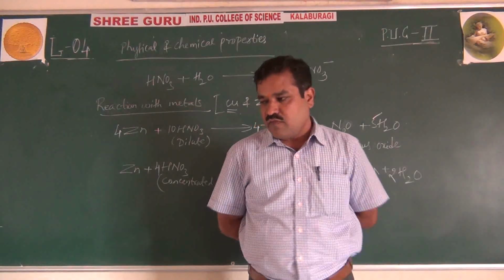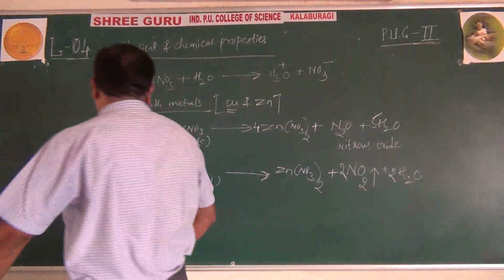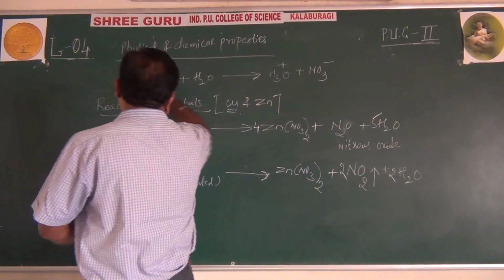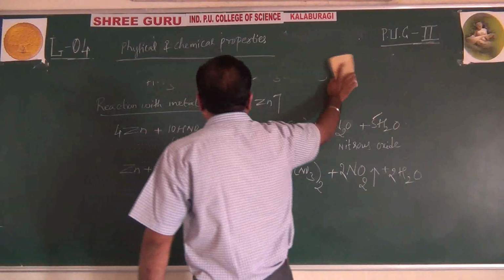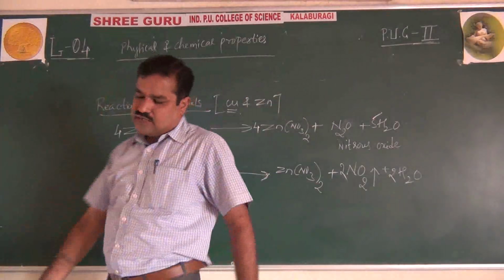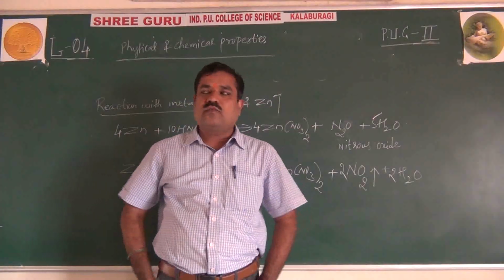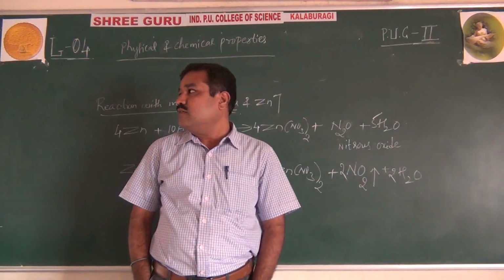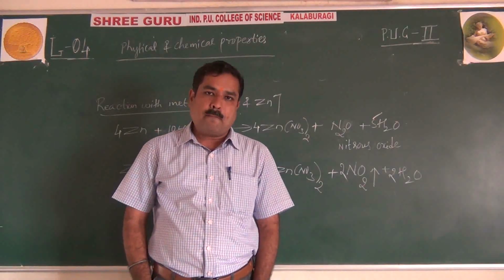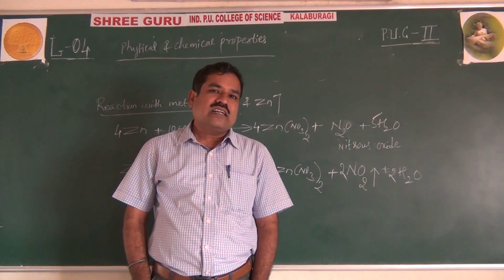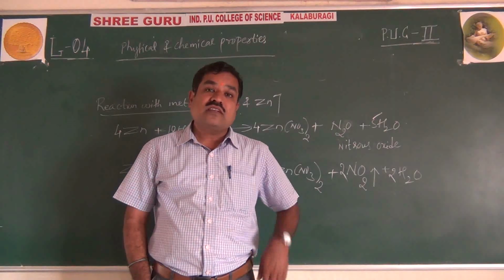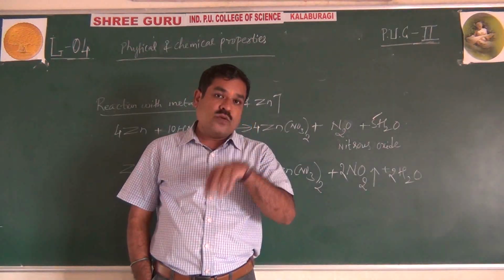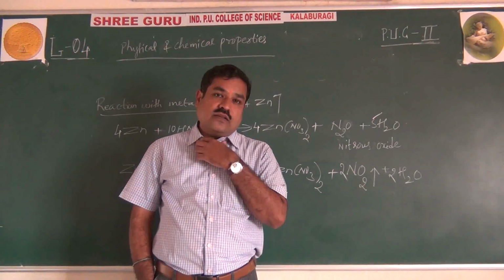Apart from this, nitric acid reacts with other metals too. Metals react with dilute mineral acids and liberate hydrogen, but since nitric acid contains nitrogen, it liberates nitrogen oxides, so it cannot give hydrogen.